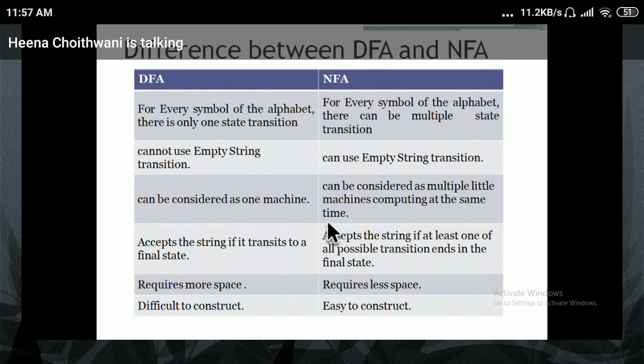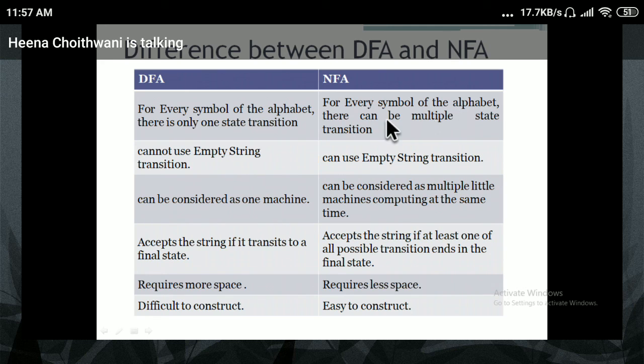Okay? So first of all, let's have a look at the difference between the DFA and NFA. In a DFA, for every symbol of the alphabet, there is only one state transition, right? You have already given me the answer for that: for every symbol of the alphabet, we can have a maximum of one state transition.